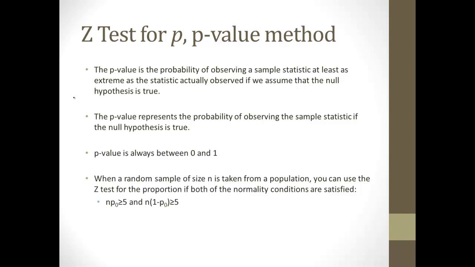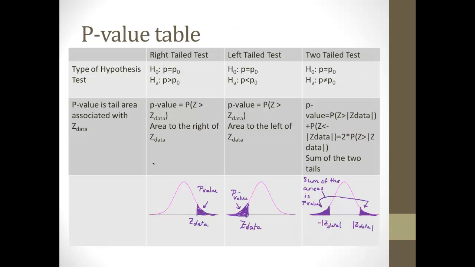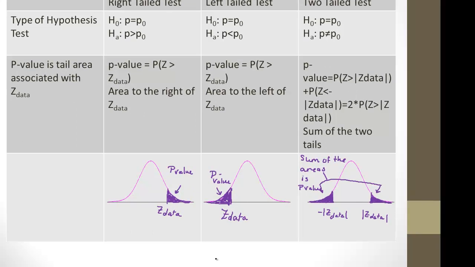We are now going to look at the z-test for our population proportion, p, but with the p-value method. Everything here is exactly the same. Our table is exactly the same. In this example, we'll be looking at a right-tailed test. The last one we looked at was a left-tailed test.